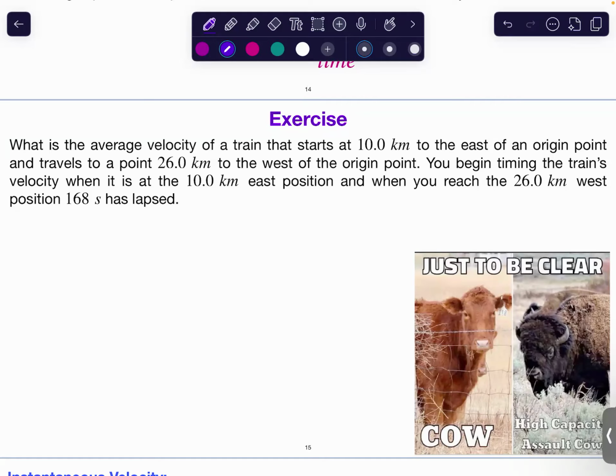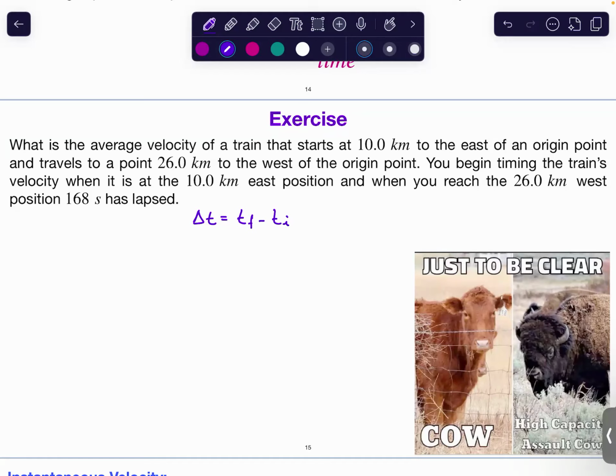Now this is something that you're going to want to really try to work on. When you're coming up with equations, you need to start asking yourself, what part of this can be zero? So that's the time that I'm looking at for my velocity.